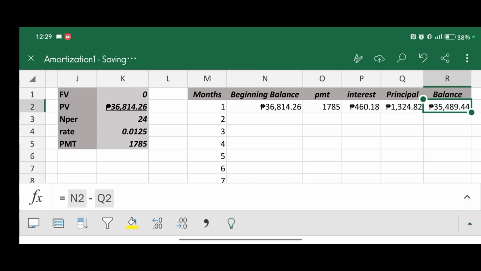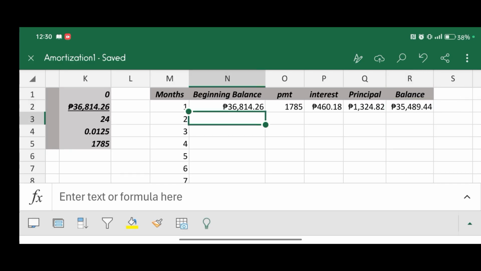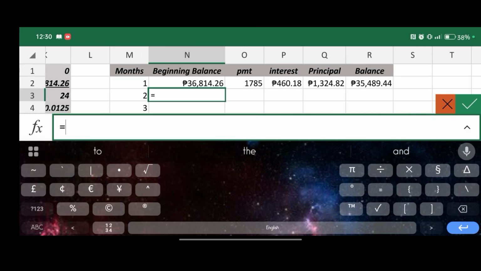In the second month or the second payment, the remaining balance is your new beginning balance. To keep going, we simply repeat the process. So let's finish the second payment. Our new beginning balance here is the remaining balance from the previous payment, which is 35,489.44.